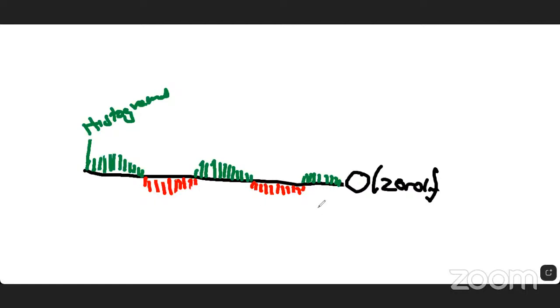So the zero line, this zero line, separates the green side and the red side. Give me one in the chat if you have understood that. Now, as these histograms are forming, they are separated by this zero line.